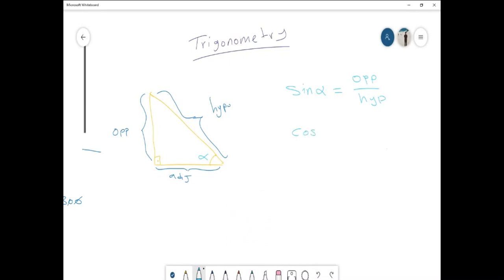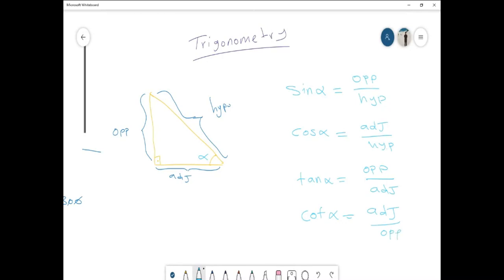Cosine alpha is the ratio of the adjacent of the angle divided by the hypotenuse. Tangent alpha is the ratio of opposite divided by adjacent. And cotangent alpha is adjacent divided by opposite.